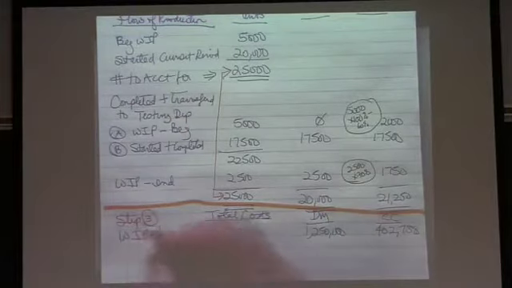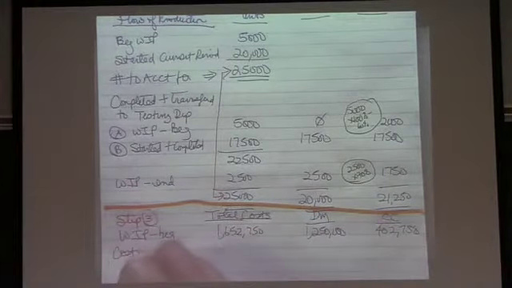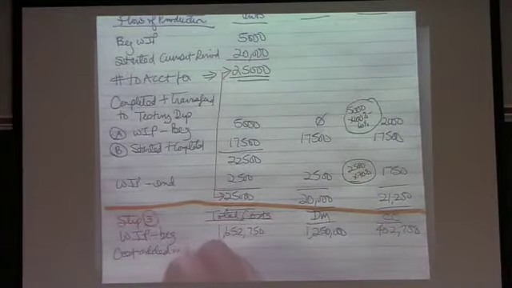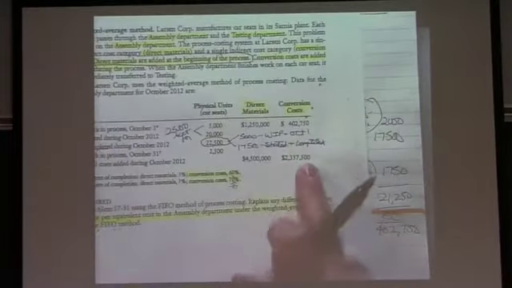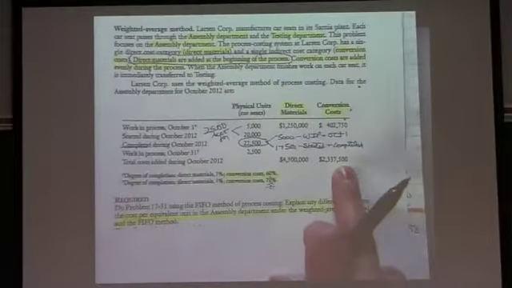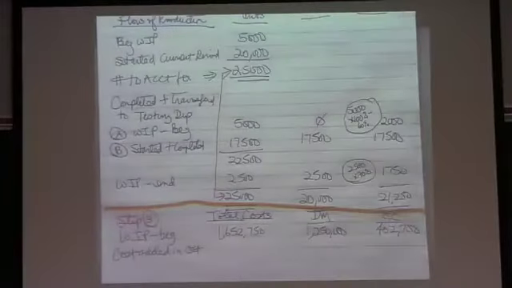How much was added? Cost added in October. Well, that was given to us too, right? That was given to us: 4.5 million and 2,337,500.